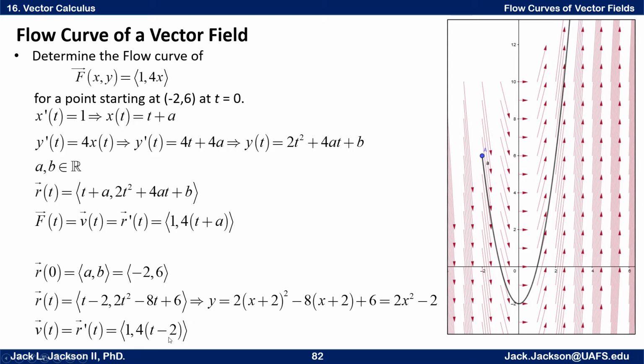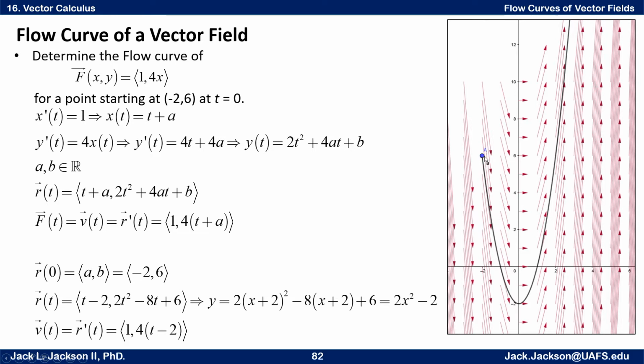And here's the parameterization for the velocity curve, which is our initial thing, but just rewritten in terms of t. So it's big F, but of t. And there it is. You can see the vector field here, some of the vectors are plotted. And here's our curve.